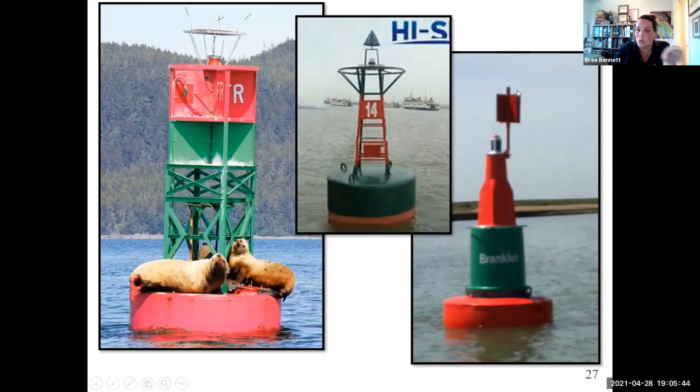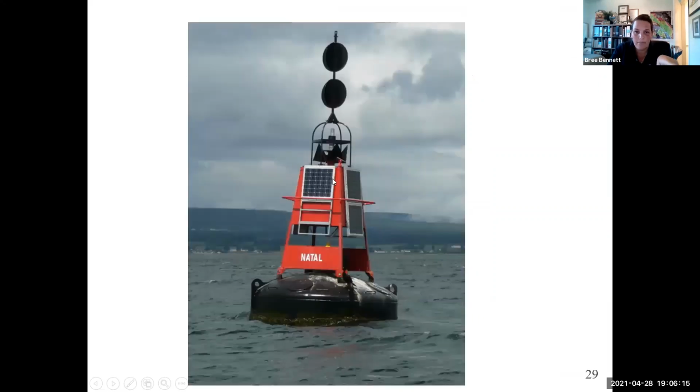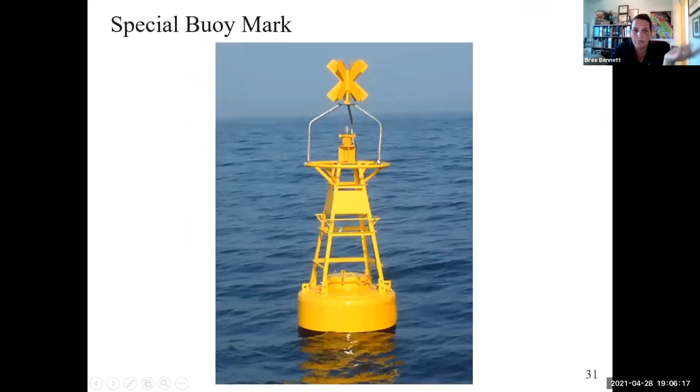This one has the squared off top mark, so you're treating it as a red. But some buoys don't have it. How are you treating the one on the left, the one with the critters on it? We're treating this one as a red because it's red, green, red. But I'm going to get into what bifurcation means in a second. I just wanted to show you an example of the top marks, and some buoys have them, some buoys don't.